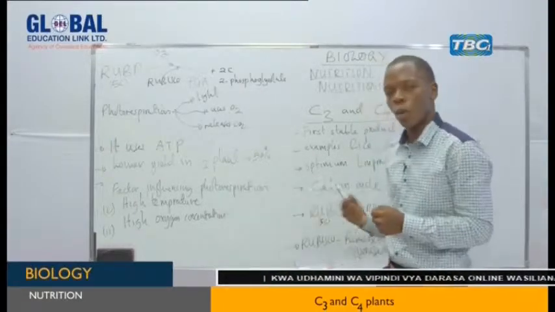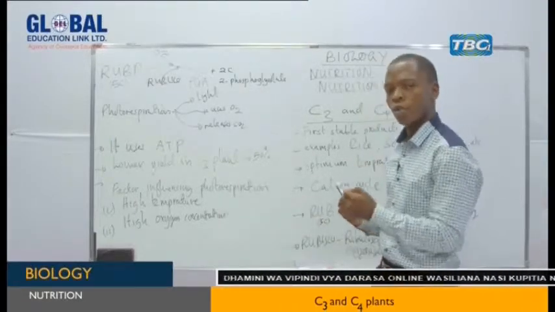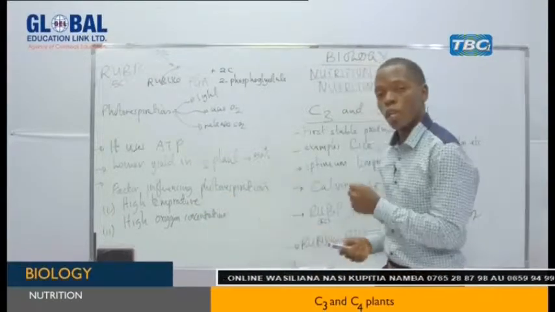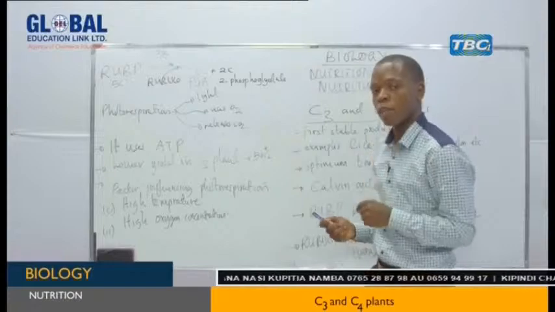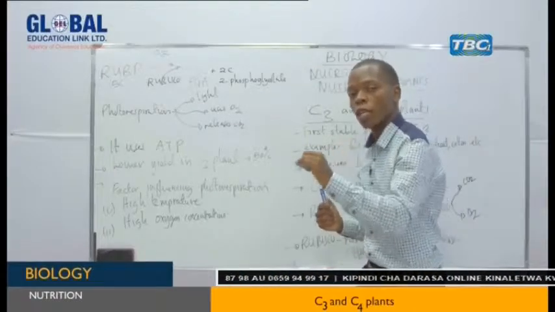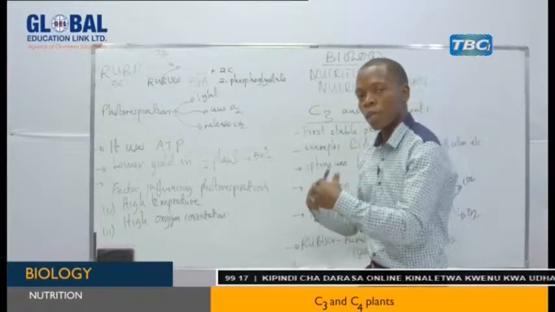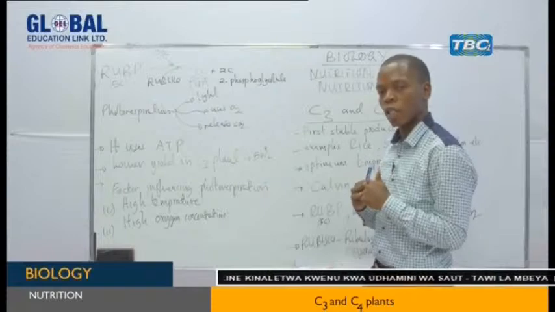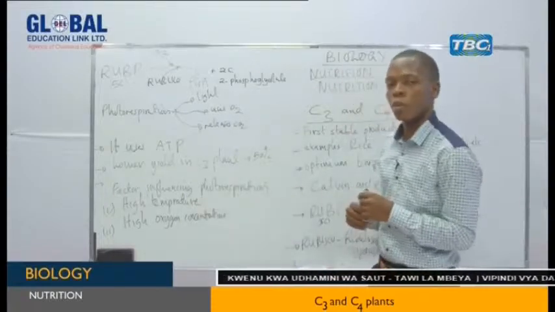And when there is a little amount of carbon dioxide diffusing into the plant tissue, it can result in photorespiration. If you remember, we have said this photorespiration occurs when there is low carbon dioxide concentration.